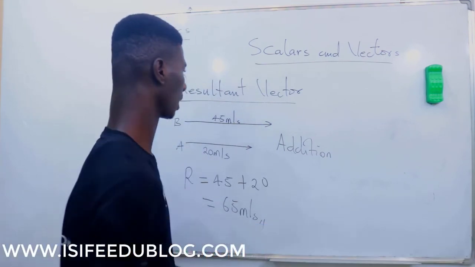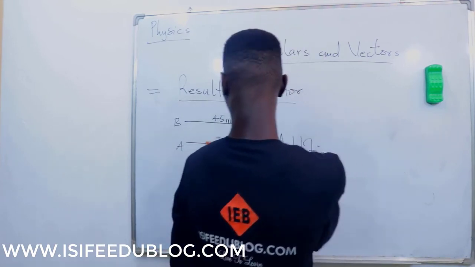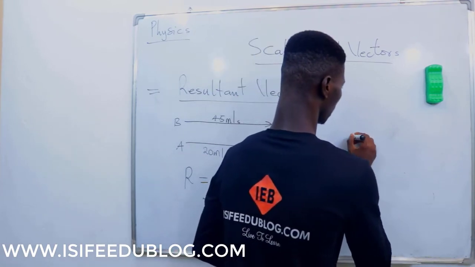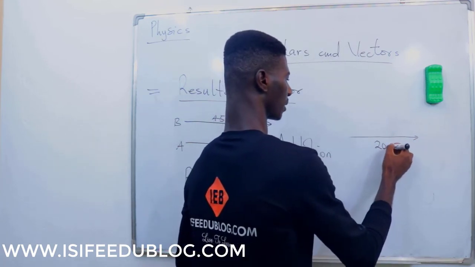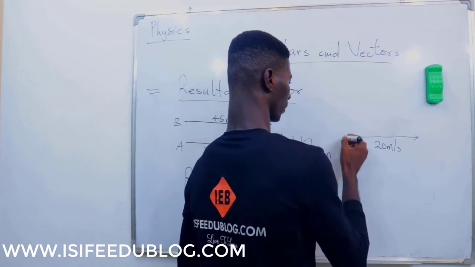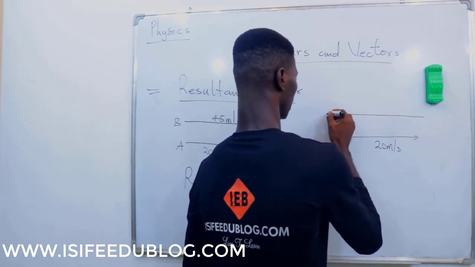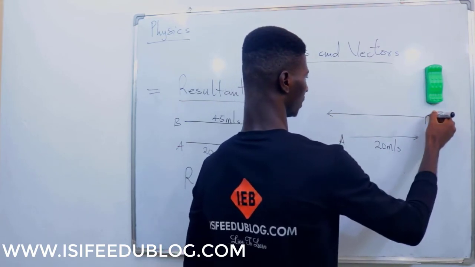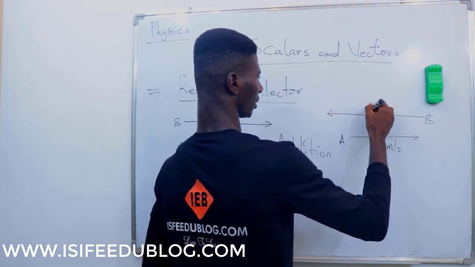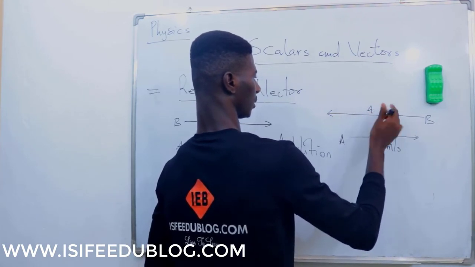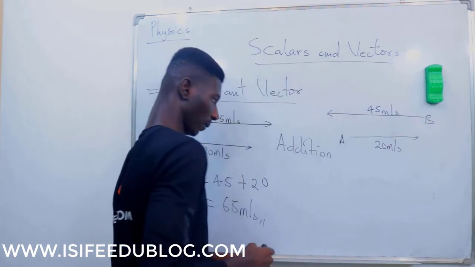But the reverse is the case when, let's say, object A is moving in this direction, maintaining the same 20 meters per second, while object B is moving in the opposite direction with the same 45 meters per second.